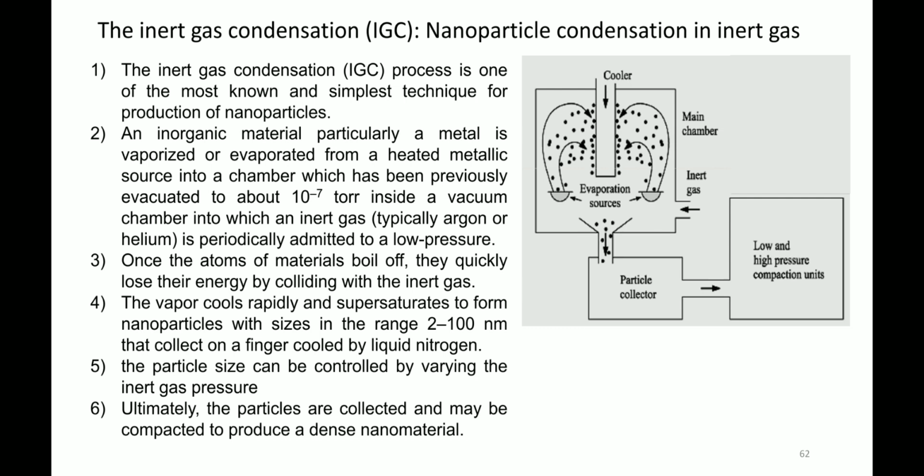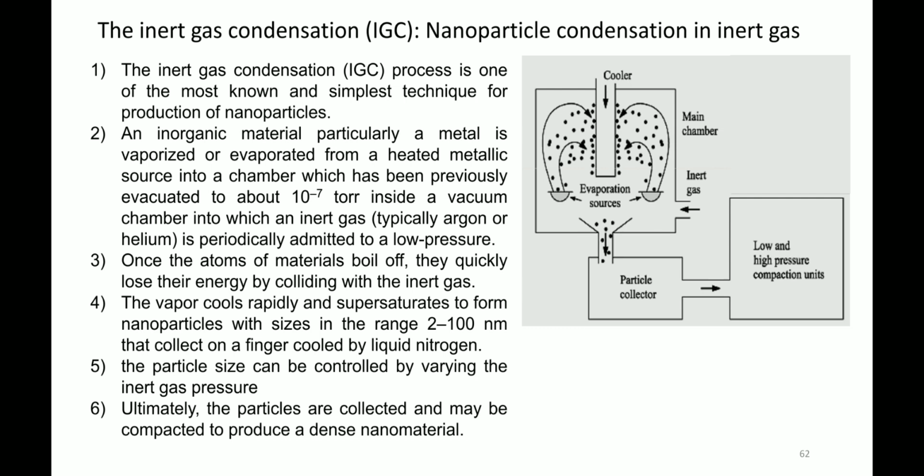When you insert the nitrogen gas, depending upon how much you insert, the pressure inside the chamber varies. If you insert a lot of inert gas, then the pressure, which is 10 raised to minus 7 torr, will increase to 10 raised to minus 2 torr.